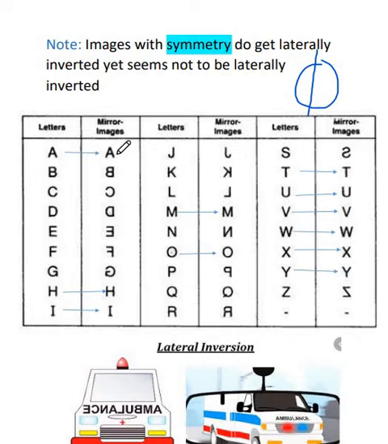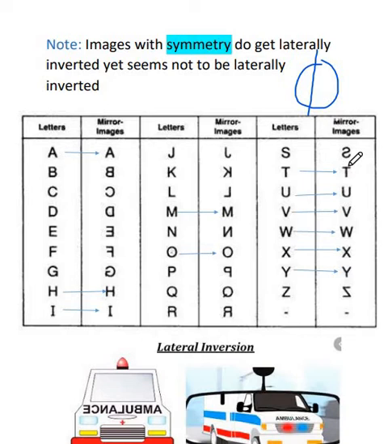Now when you observe this, you can see that A, H, I, M, O, T, U, V, W, X and Y, these letters' images can be seen as not laterally inverted.